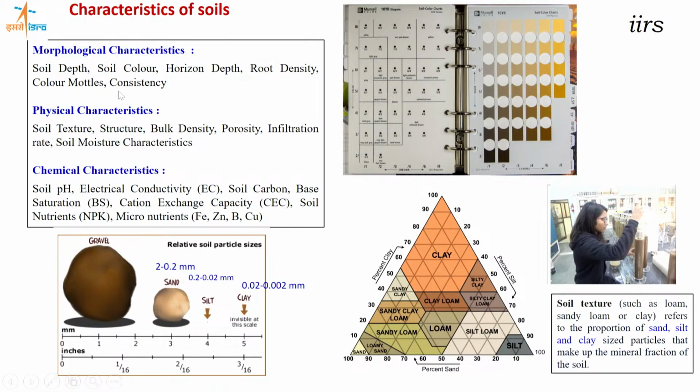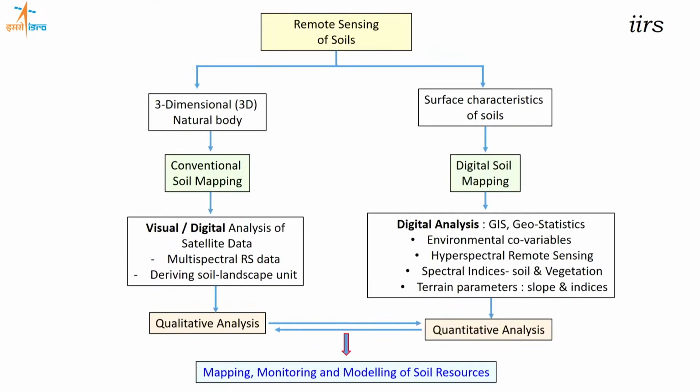All these characteristics we need to characterize for each soil horizon, and for that we take the help of the Munsell soil color chart for measuring color. If we know the sand, silt, clay proportion, then we can characterize the texture of the soil. So in remote sensing, when you are studying remote sensing for soil studies, there are two things. One, we study the conventional soil mapping.